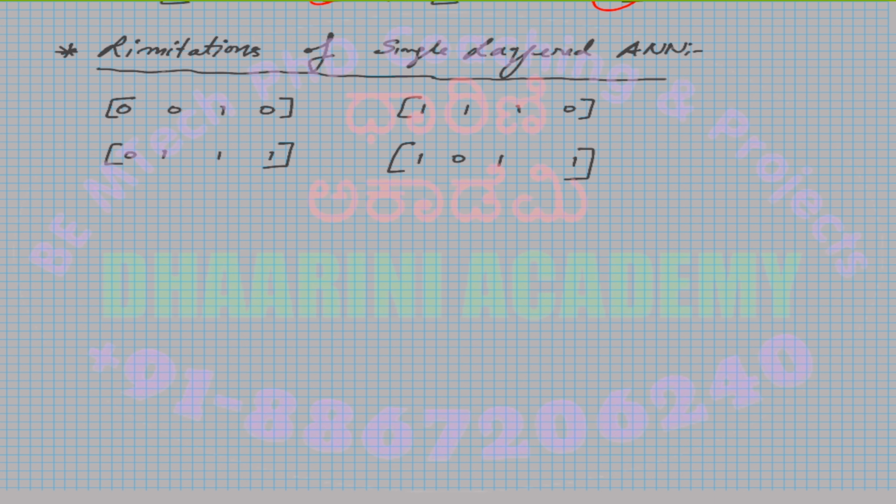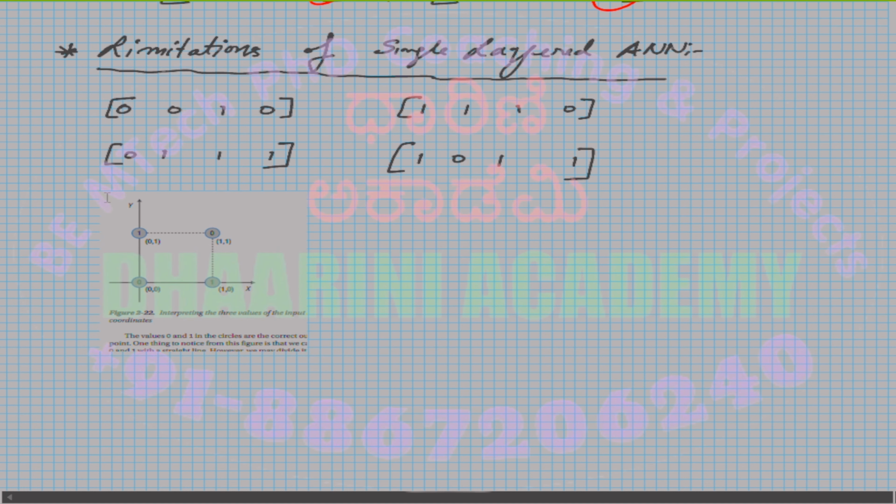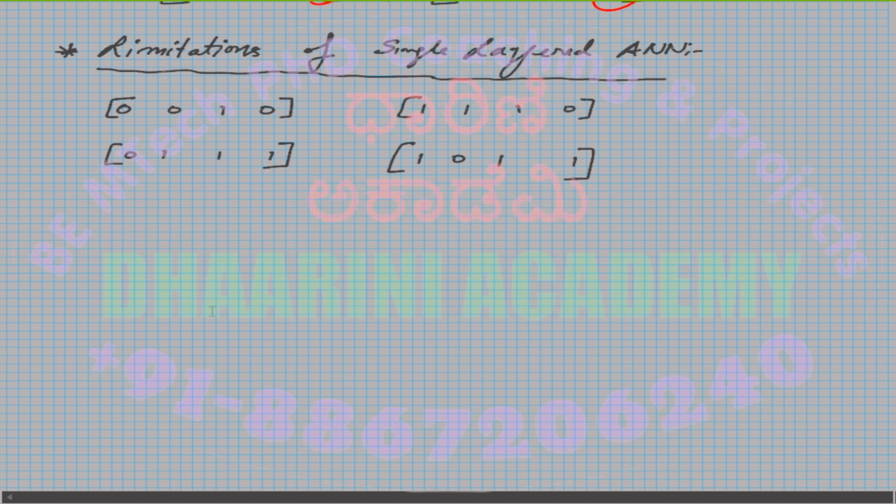Okay, so let's look at the data set, what we asked this machine to classify. The data set which we provided for the machine is these 4 points. You can see the 4 points are like this.